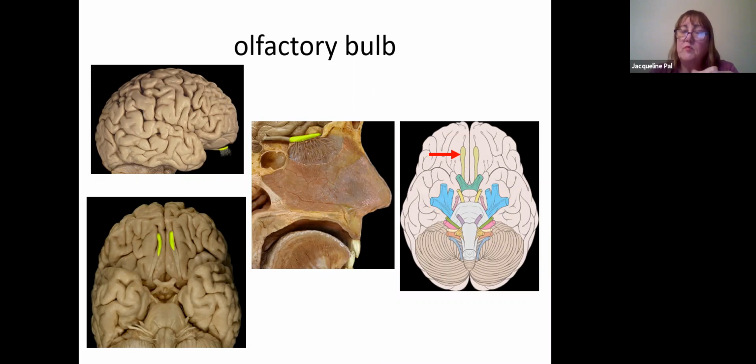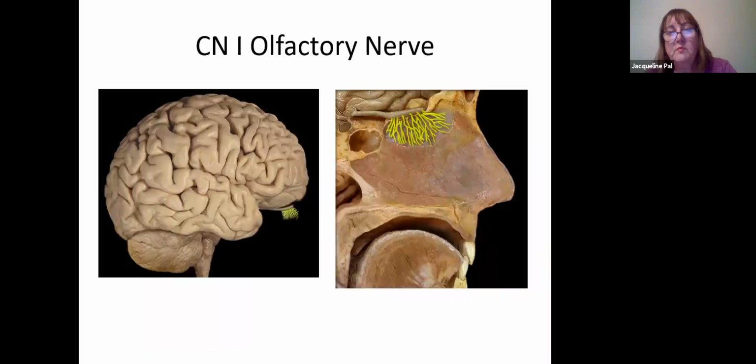And if you recall from your bony anatomy that there are little tiny foramina in the cribriform plate. And it's through those tiny foramina that we are going to have neurons that go between the nasal mucosa and the upper part of the nasal cavity through the foramina into the olfactory bulb.